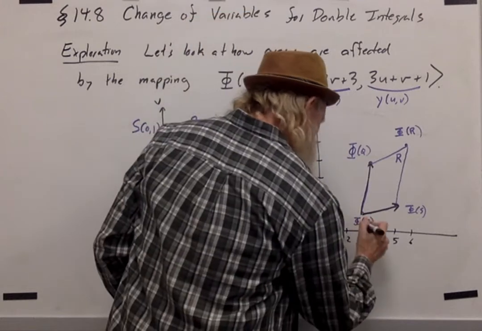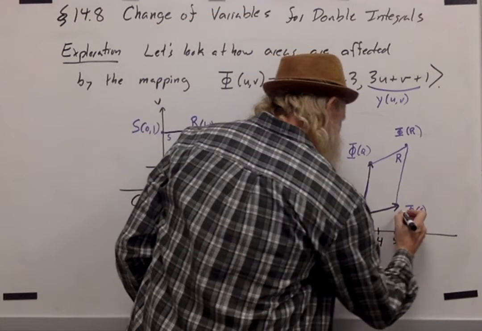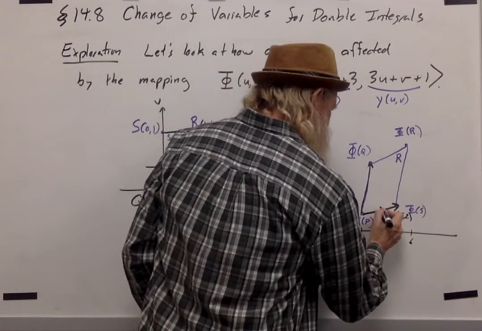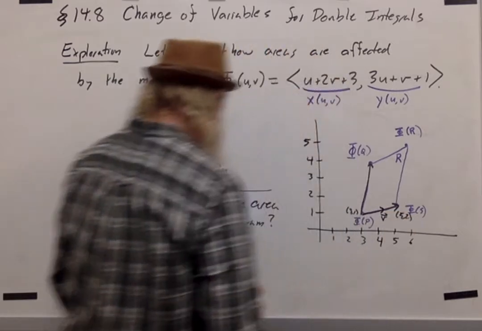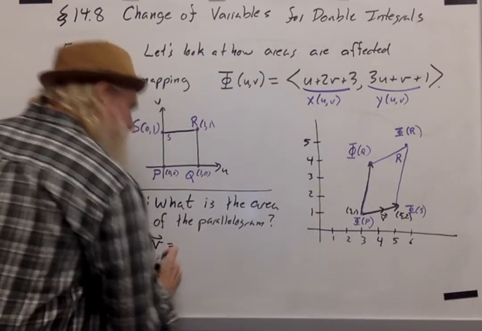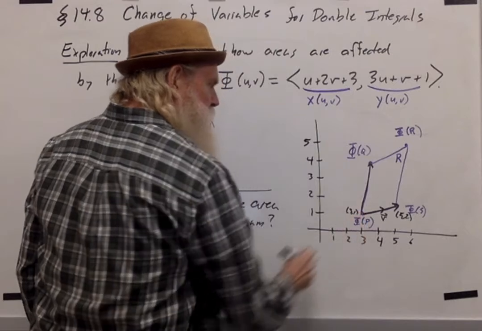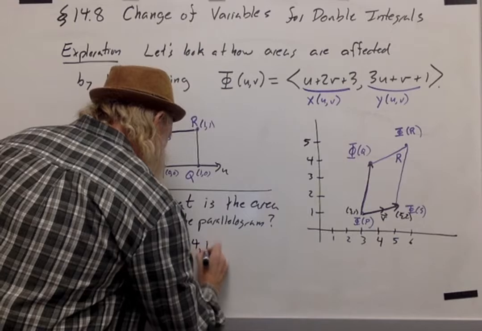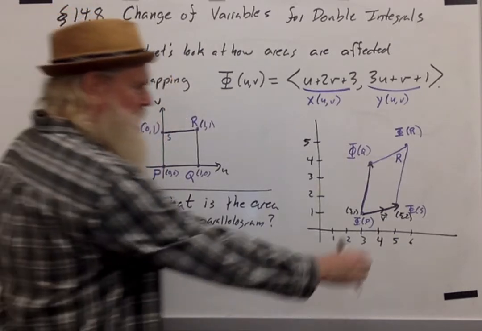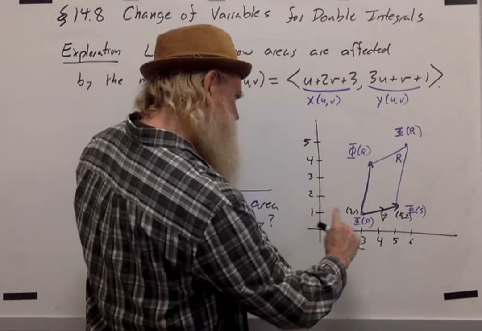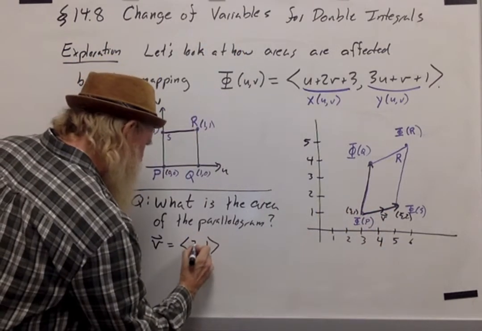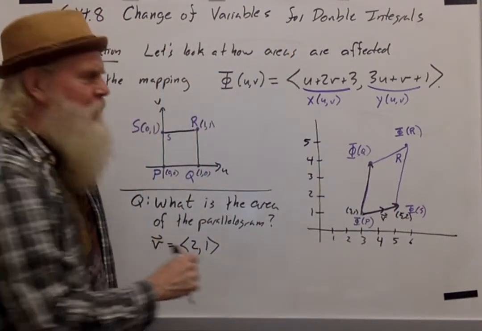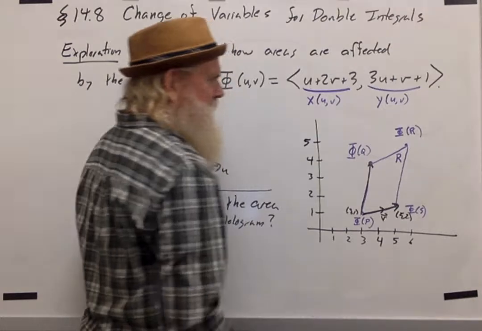So this was the point 3, 1, and this the point 5, 2. So if I call this vector v for the moment, then the vector v I can get by taking the terminal point minus the initial point, which gives me 2, 1. That's reasonable because to get from here to here, I'm going 2 to the right and 1 up. Notice the same thing happens up here, which is what makes it a parallelogram.